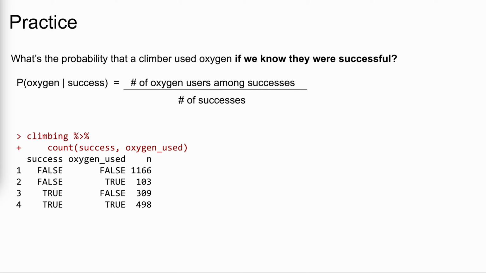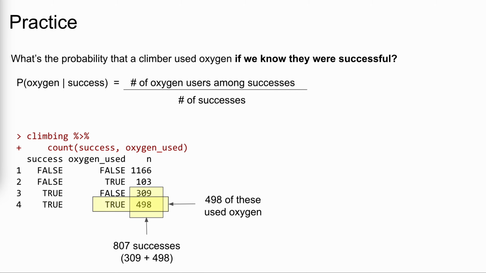Looking to our table, there were 807 successful climbers in our data set. And among these, 498 used oxygen. Then plugging these counts into our formula, the conditional probability of oxygen use given a climber was successful is 0.62.